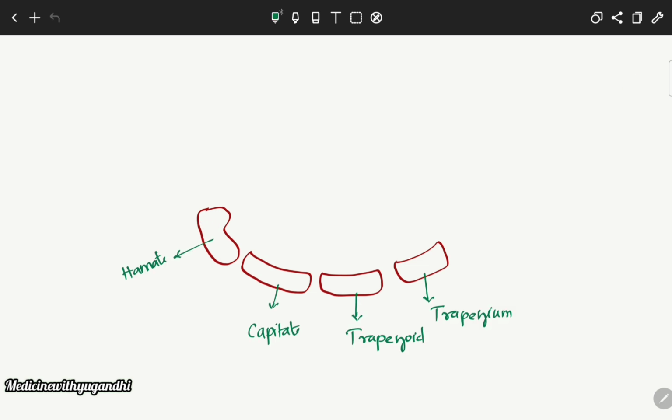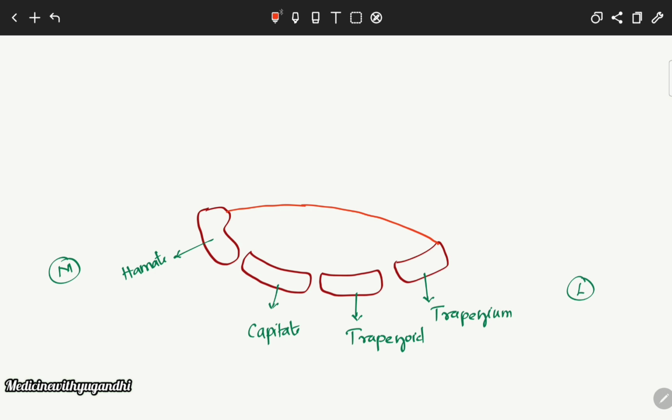So again I am repeating, this is trapezium, trapezoid, capitate and hamate. This is the lateral side and this is the medial side. So a thick fibrous band is attached medially to the hook of the hamate, and laterally to the crest of the trapezium.